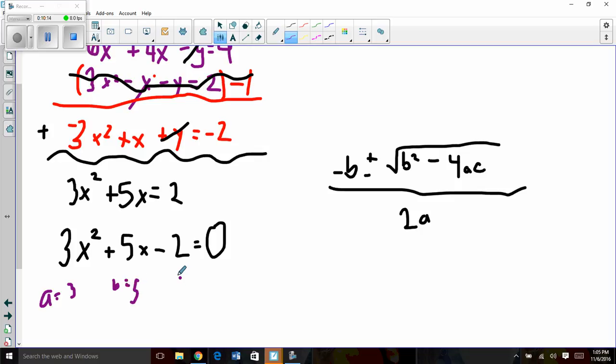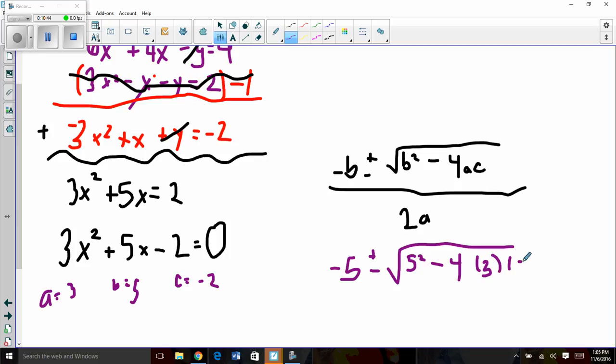And c is negative 2. So all you have to do is plug it in. Negative b would be negative 5 plus or minus the square root of 5 squared minus 4 times 3 times negative 2, all over 2 times 3.